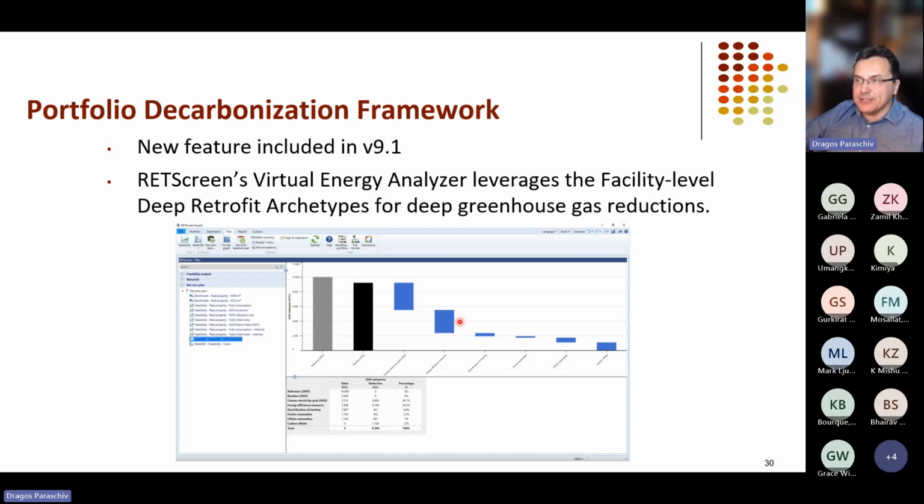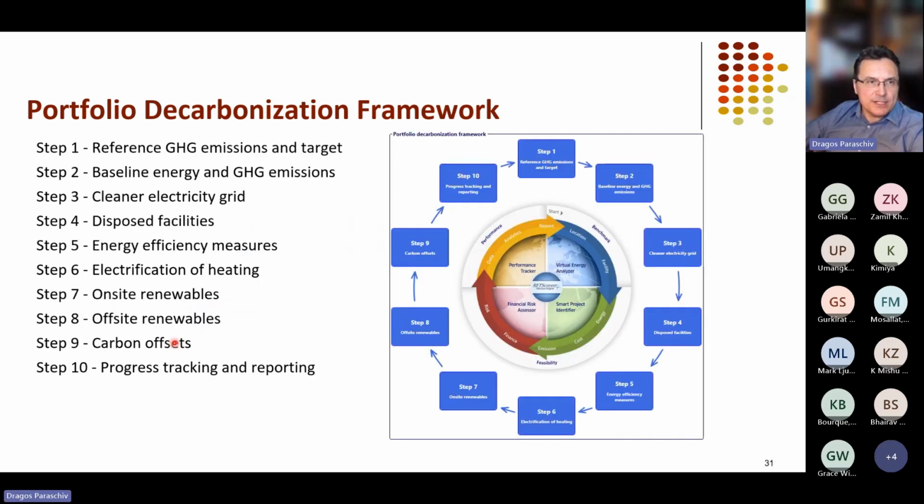And we see a variety of measures that stack on top of each other to address the reductions, to the point where the last one here will bring the emissions to zero. So the end goal here would be to get to zero, as shown in this example. So a waterfall chart will show step by step how we can actually get to the target.